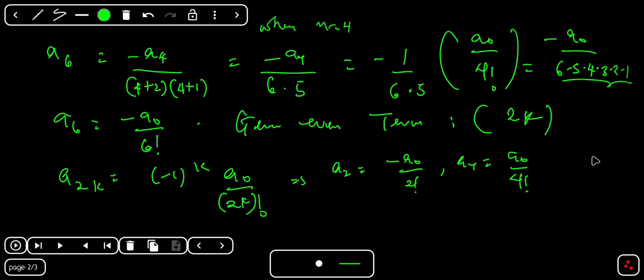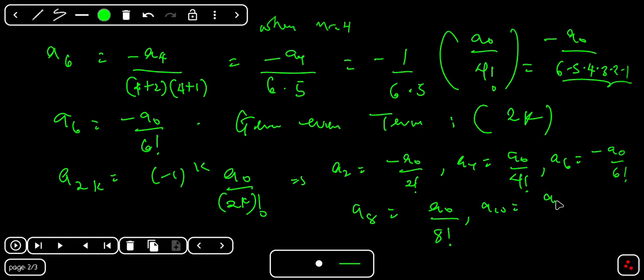Look at it. A6 is minus a naught over 6 factorial. So definitely a8 will be a naught over 8 factorial. And next one, a10 will be minus a naught over 10 factorial.